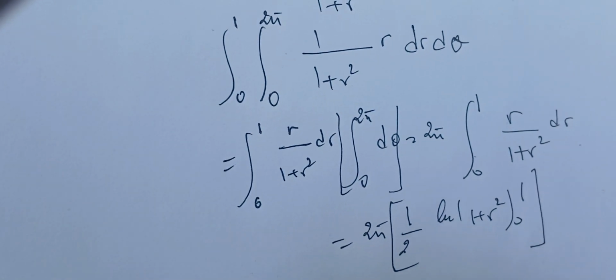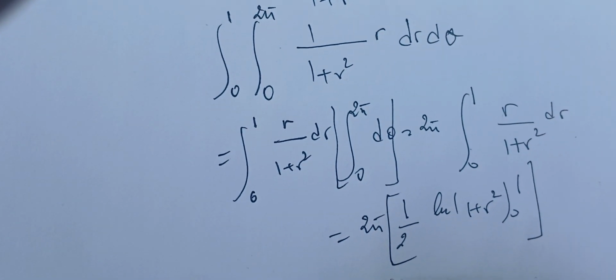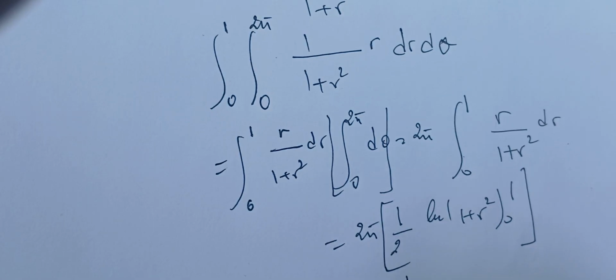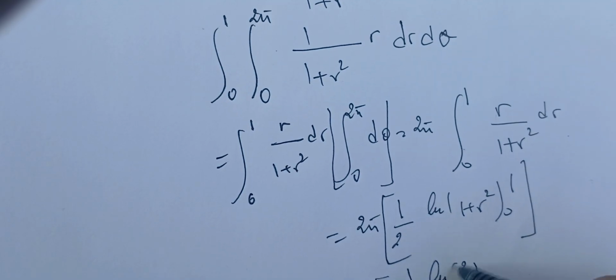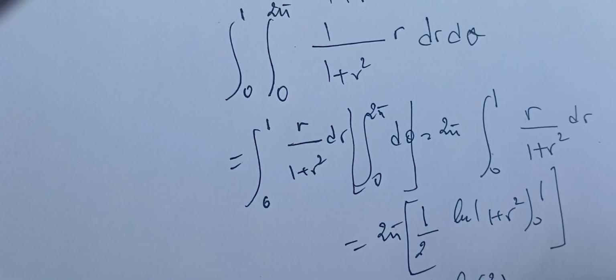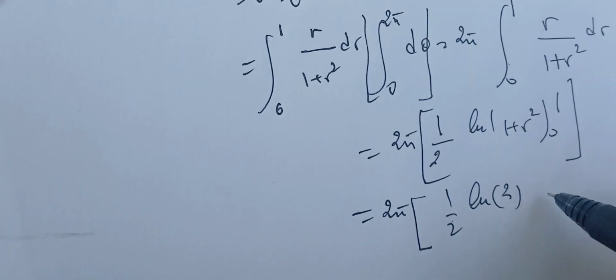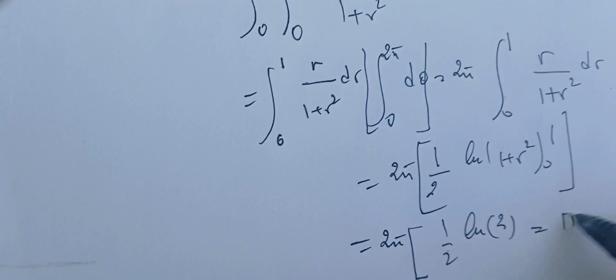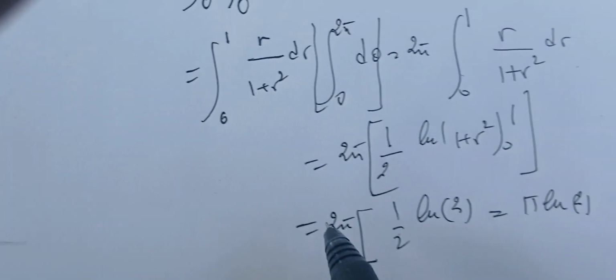Now when I do my integration, I'm going to have 2 pi times 1/2 times the natural log of 2 minus the natural log of 1, which is 0, and therefore I have only pi times the natural log of 2.